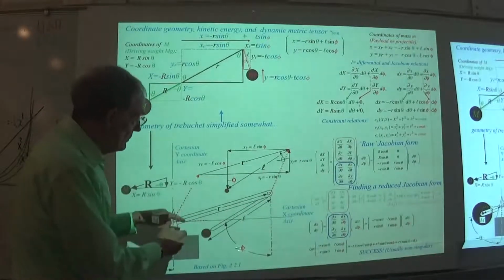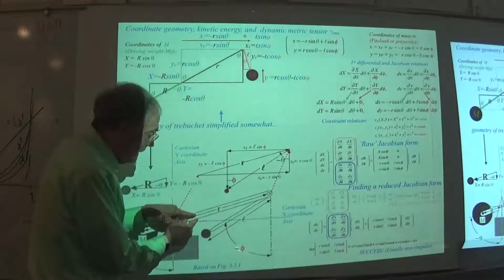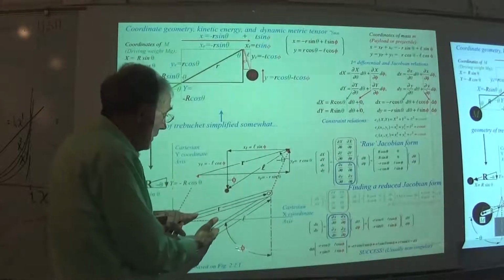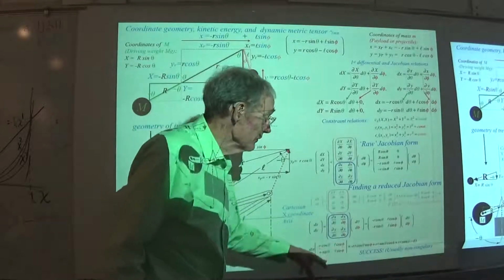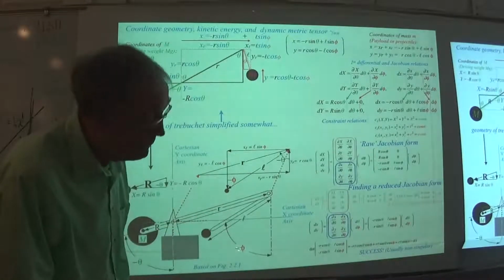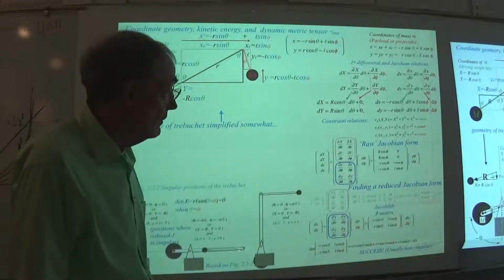That's when you have the thing tucked in just at the starting point of the trebuchet, a starting point which you would never get out of if it wasn't for gravity. So otherwise, this thing is useful. It's a useful Jacobian. And it will be the one we build everything of the Lagrangian equations out of.